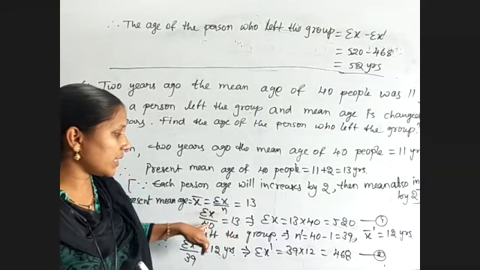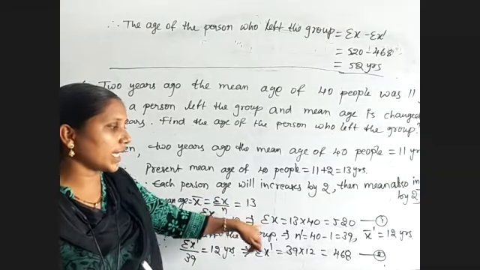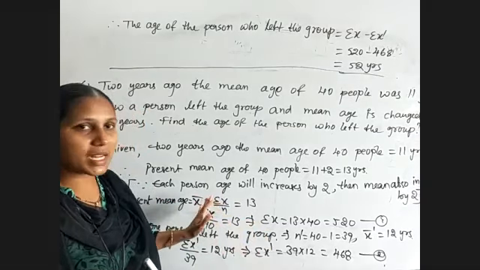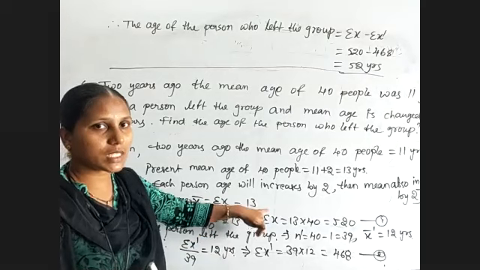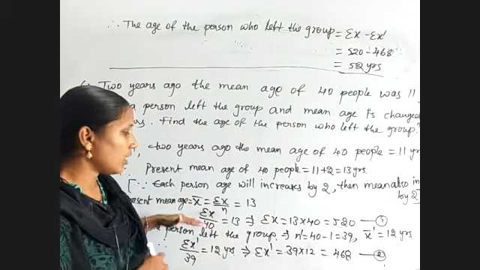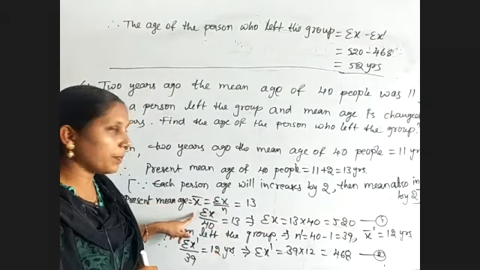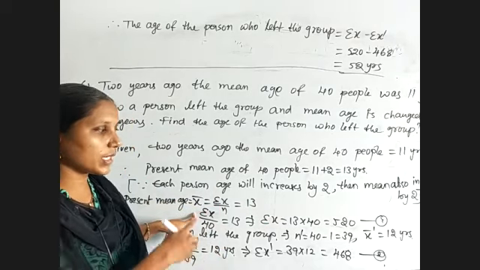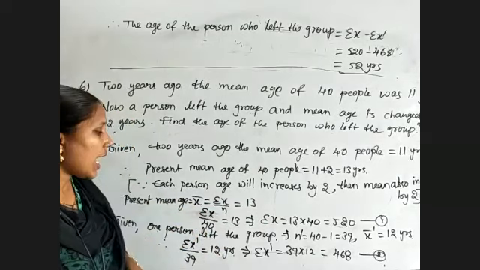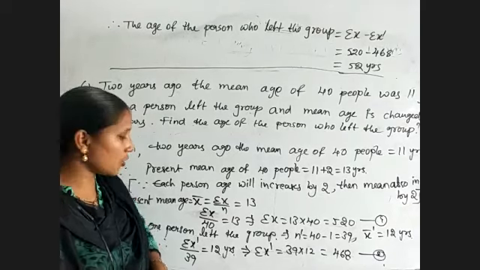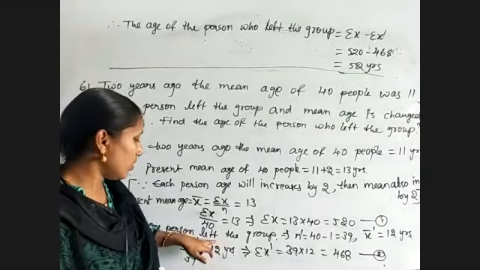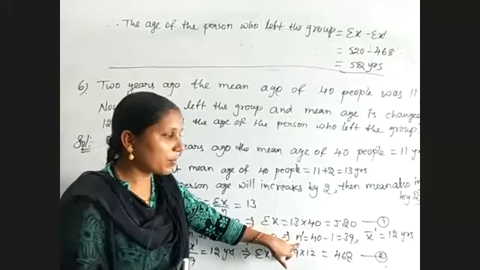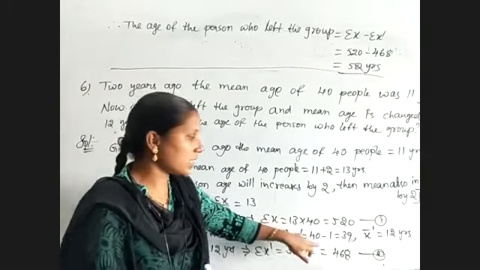So the present mean age of 40 people is equal to 13. The present mean age of 40 people equals sigma x by 40, which is equal to 13. From this, the sum of the 40 people's ages will be equal to 40 into 13, which is nothing but 520. Also it is given that one person left the group and his age they did not mention, we need to find it. So when he left the group, the number of people will become 39, 40 minus 1, which is equal to 39.